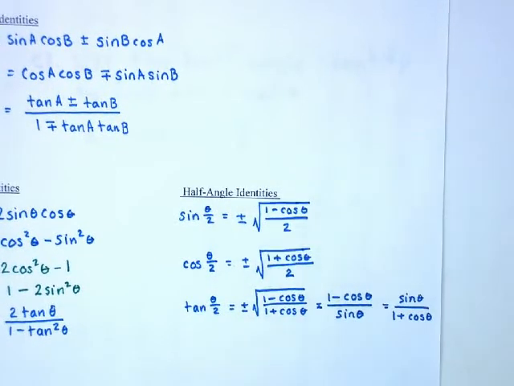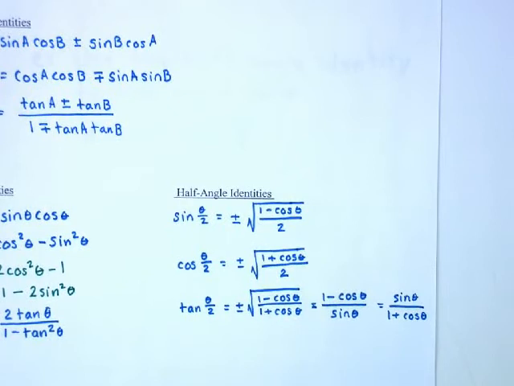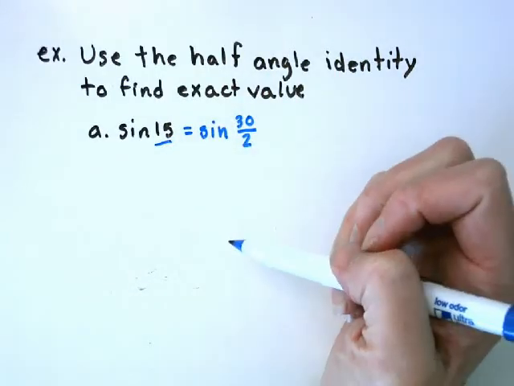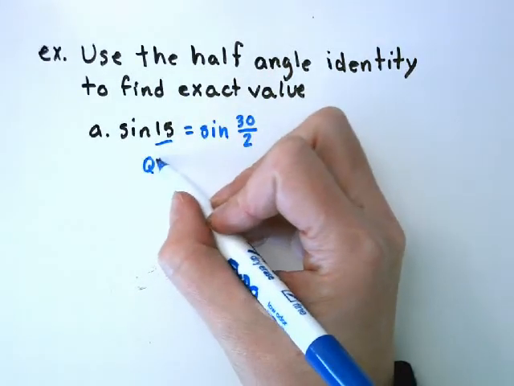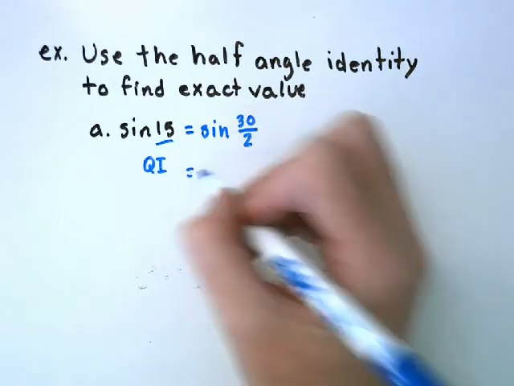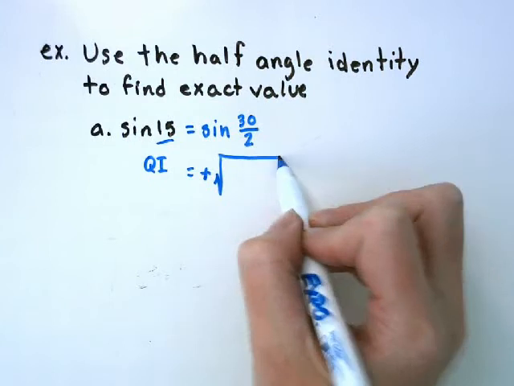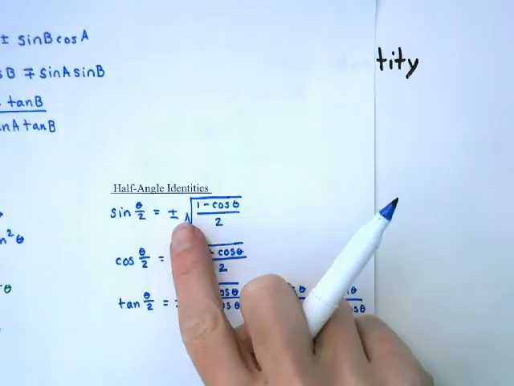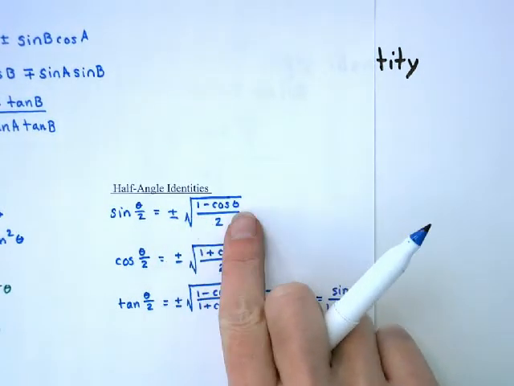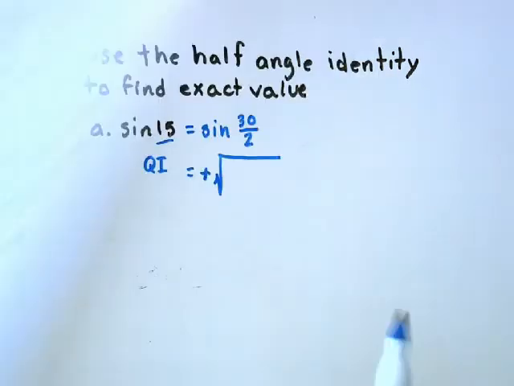The plus or minus, you are going to have to know whether the angle you're talking about is positive or negative. 15 is in the first quadrant, which means it's going to be positive. So I'm going to purposely put the plus here. So this is going to be plus, not the minus, then 1 minus cosine of 30 over 2.